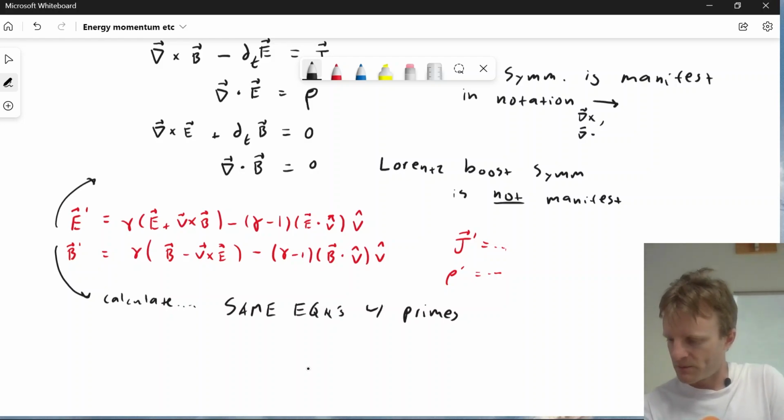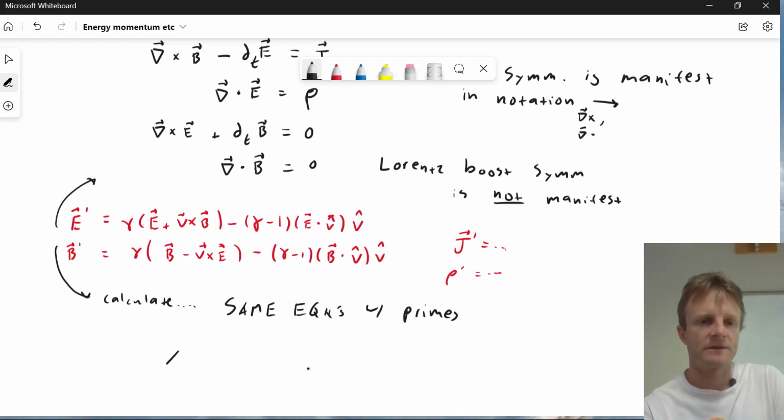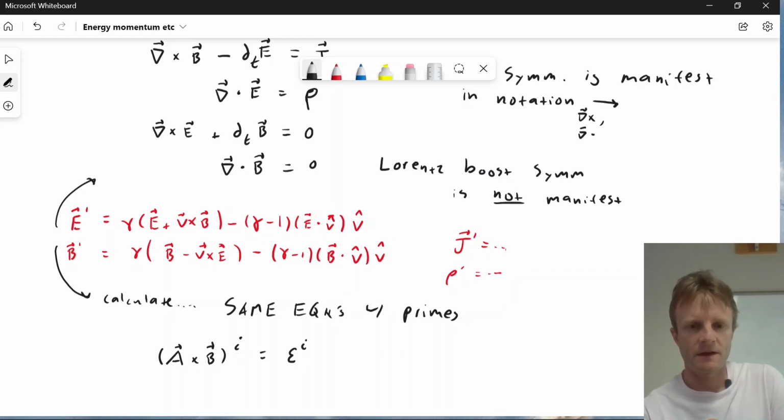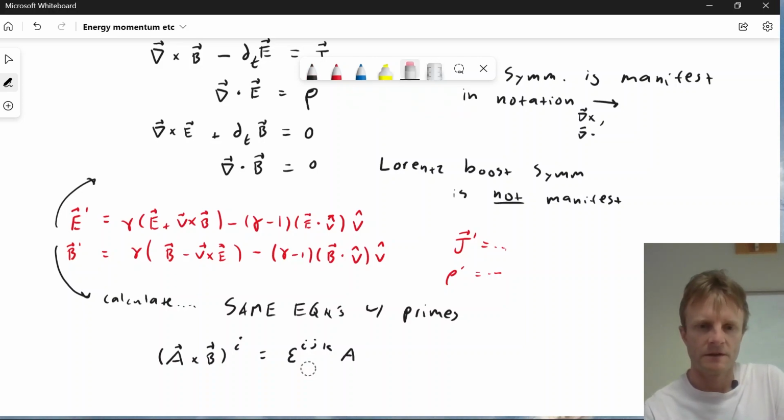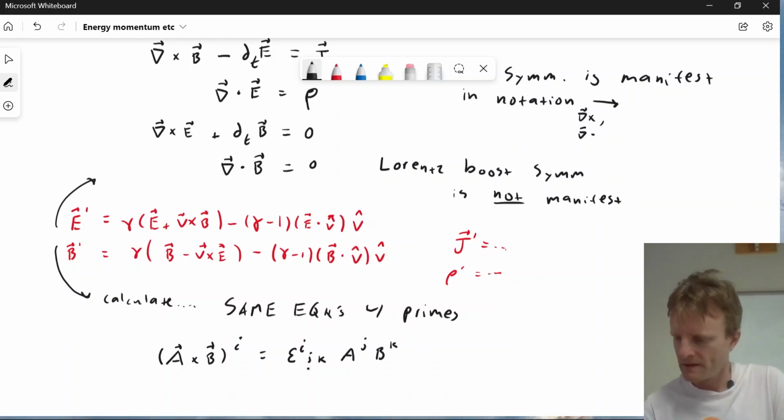So we want to start translating these Maxwell's equations up here into a tensor notation. The first thing I'm going to point out is that for two vectors A and B, the cross product, written in vector notation, has ith component epsilon ijk. This is that Levi-Civita tensor we introduced last time. I should probably make it lower since our vectors are conventionally upstairs: epsilon ijk A^j B^k.